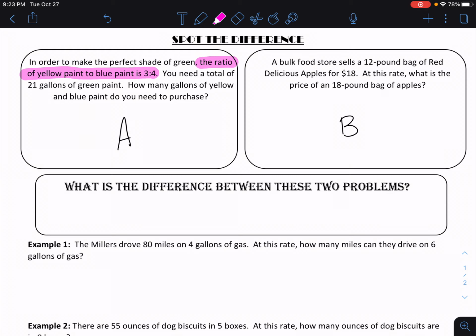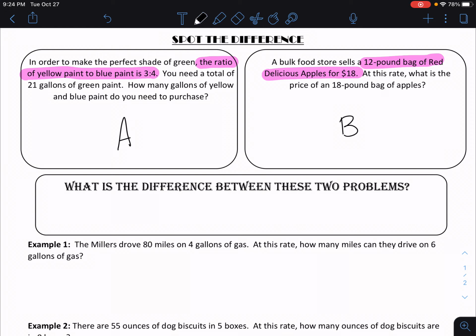And then in problem B over here, it says a bulk food store sells 12-pound bags of Red Delicious apples for $18. So that would be a rate. So it's the cost of something, and then we want to know how much the cost of another of that thing would be.